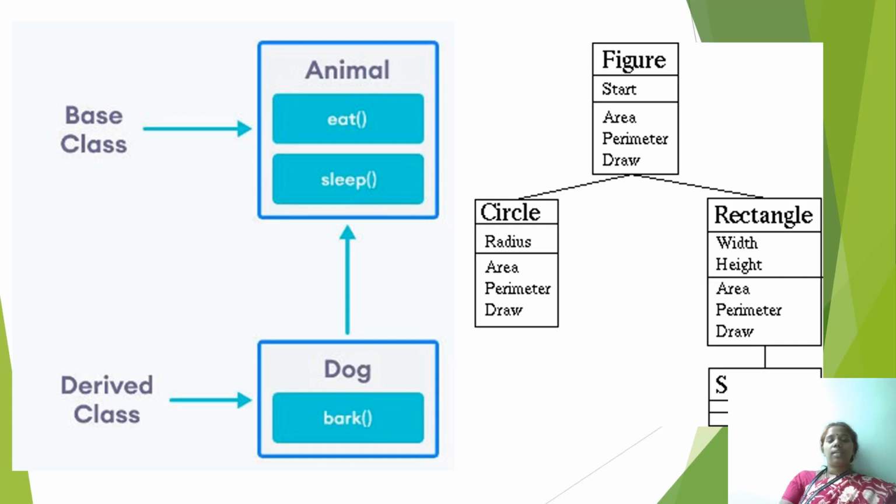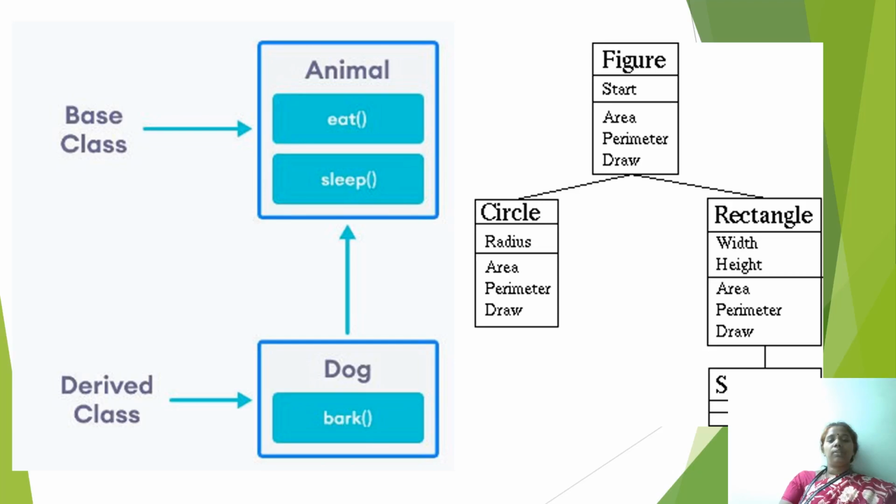Rectangle is one more class. We have defined two data members, width and height, and methods like area, perimeter, and draw. And Square, also, we define methods and variables. So what we observe is that we have defined four classes, that is, base class and subclass.